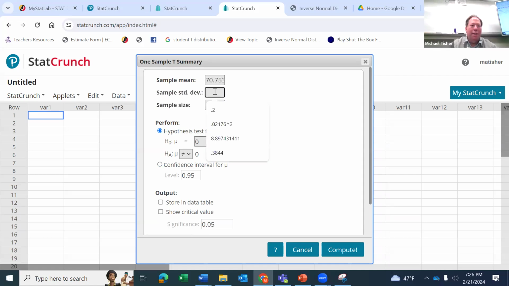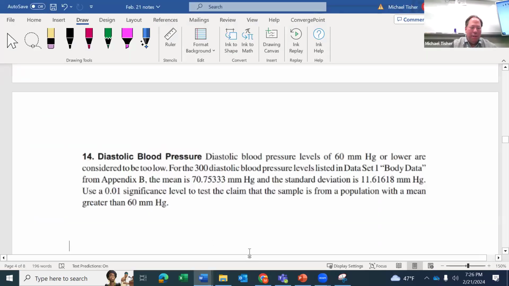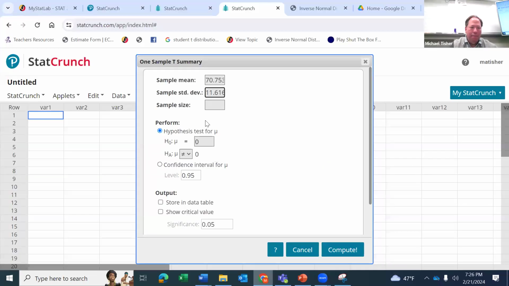And what's the standard deviation again? 11.61618. And sample size 300. And then compute. Actually, no, we need the hypothesis test. So mu is equal to 60, right? And then HA, mu greater than 60.